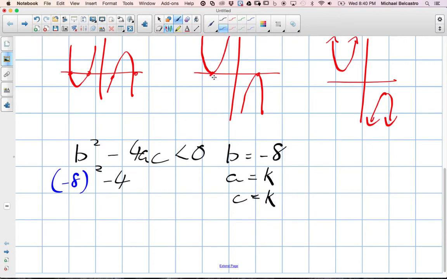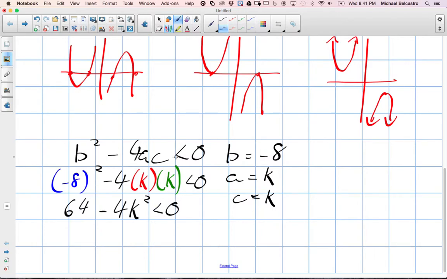Minus 4 times k, a was k, and c was k. Even though I wrote them in different colors, they're still the exact same letter. So -8 squared is 64, minus 4, k times k is k squared, 4k squared, less than 0.